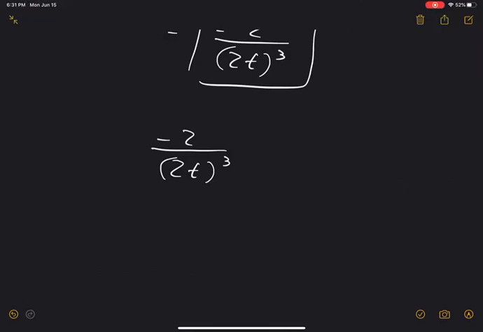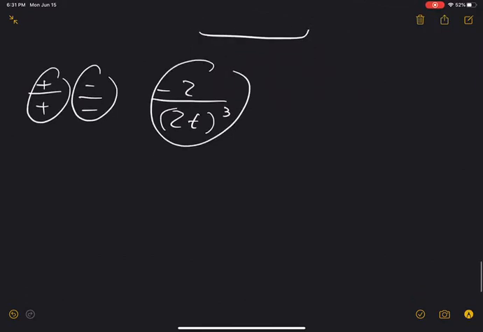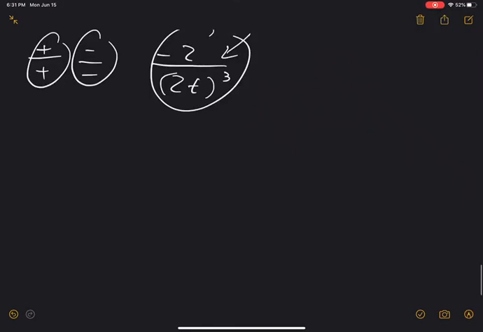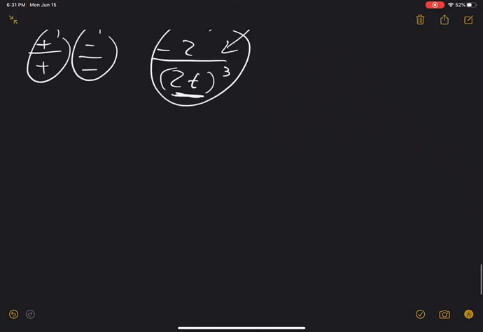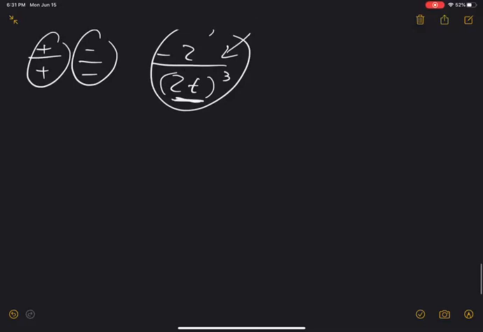The informal way, which I like a lot, is to say, when I have a fraction, it's positive when I have positive over positive or negative over negative. This numerator is always negative, just negative 2 on top. So the only way this fraction can be positive is if the denominator is negative. That's when t is less than 0.